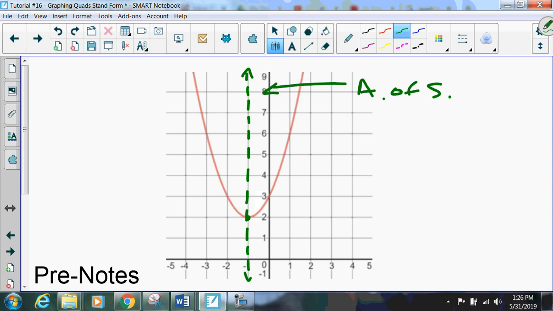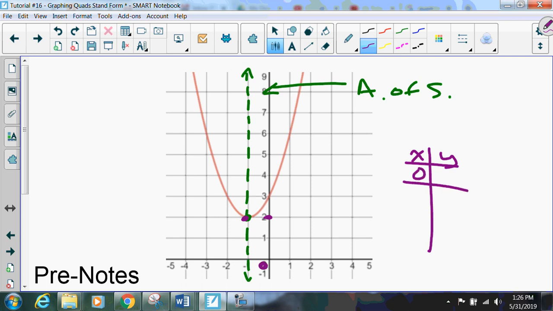And so two things so far. One, when we graph quadratics, knowing what the vertex is is important. Two, drawing our axis of symmetry gives us a shortcut to finding the points. For instance, if we were going to make a table to find our points, watch. If we go over one to the right side from the vertex, we're at 0 for x.